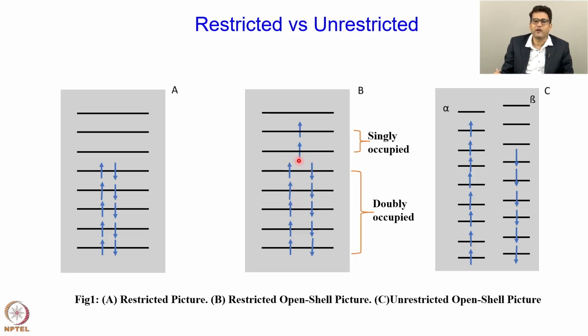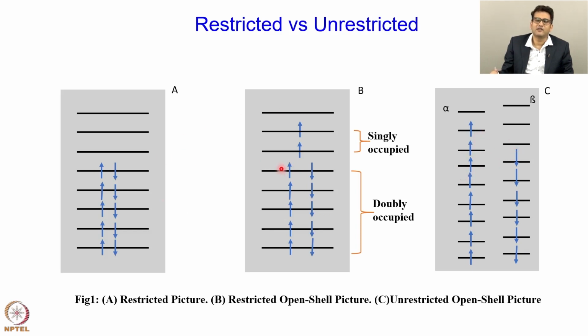So we have three kinds of picture. Where the number of alpha and beta electrons are the same and also their spatial part is the same, that leads to the restricted picture. There is a second case where the number of alpha and beta electrons are different and their spatial part is also different, that is called the unrestricted case.